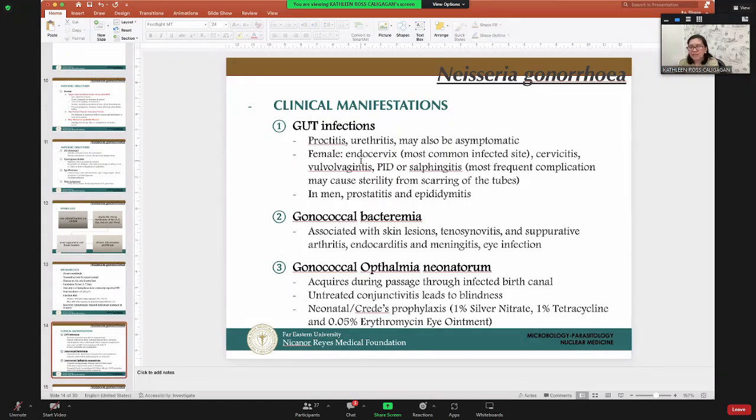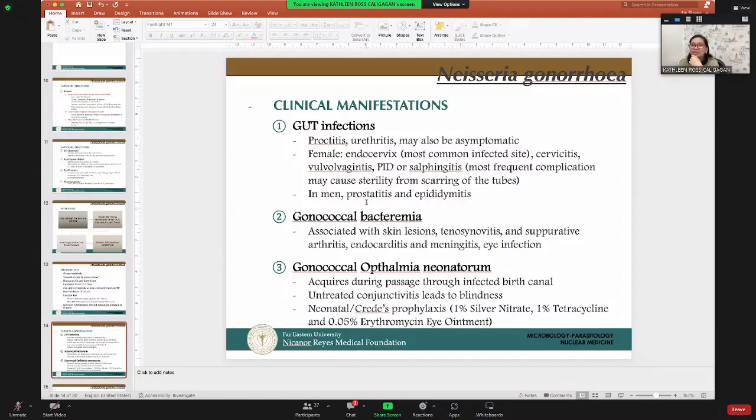Among female, the endocervix is the most commonly infected site and causes endocervicitis, or the cervix alone, cervicitis or vulvovaginitis, pelvic inflammatory disease, or salpingitis. Salpingitis is the most frequent complication, which may cause sterility from scarring of the tube. So take note of that, salpingitis. So try to avoid salpingitis from Neisseria gonorrhea.